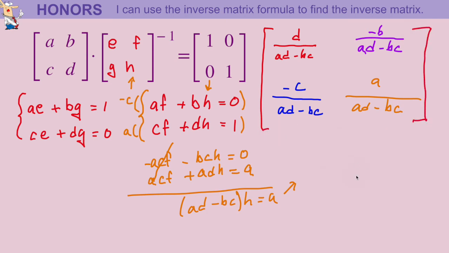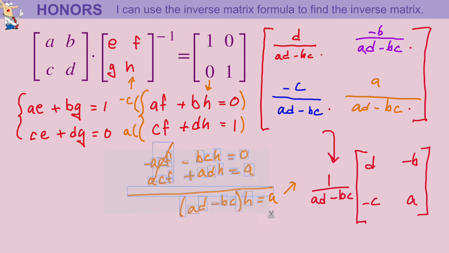Okay, so that gives us the formula here. Now we go ahead and take this information and we notice that all of these are the same. So we can factor it out having 1 over A times D minus B times C multiplied by D, minus B, minus C, and A.